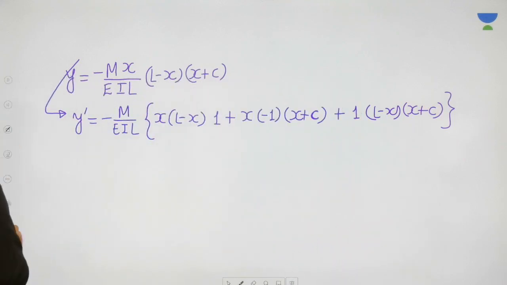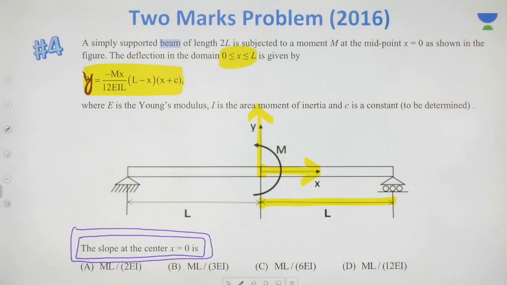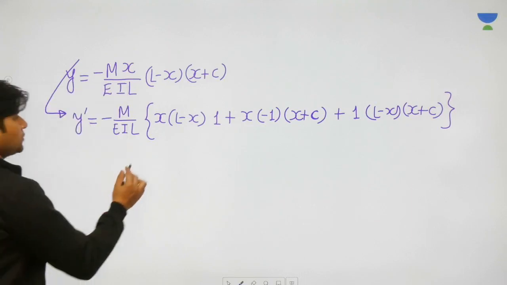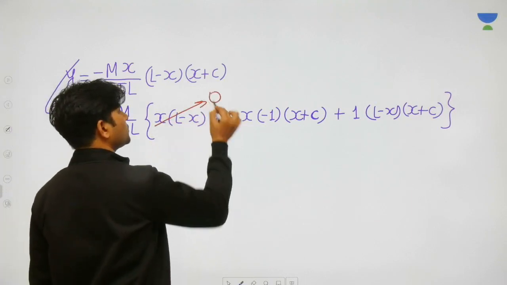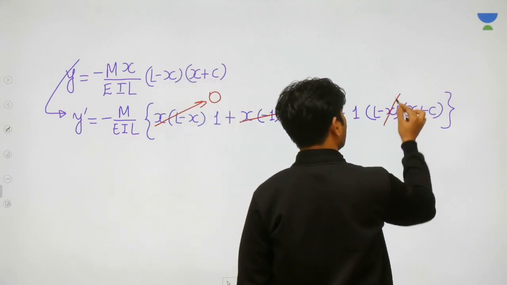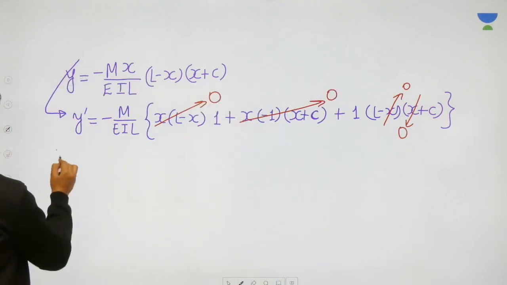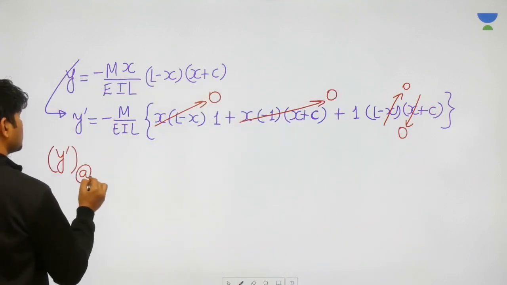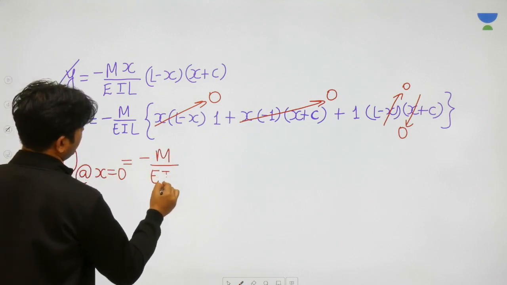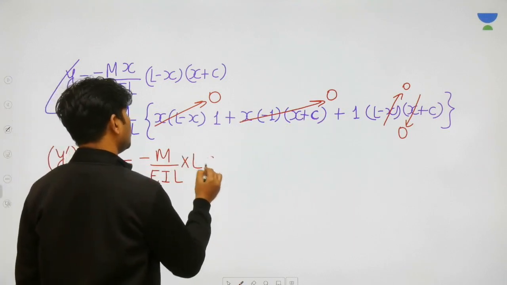Now they are asking the slope where? They are asking the slope at x is equal to 0. Put x is equal to 0. With x is equal to 0, this entire thing will become 0, and this entire thing will become 0. And with x is equal to 0, here you will have L and C remaining. So y dash at x is equal to 0 will become minus m divided by EIL, and only LC is remaining.